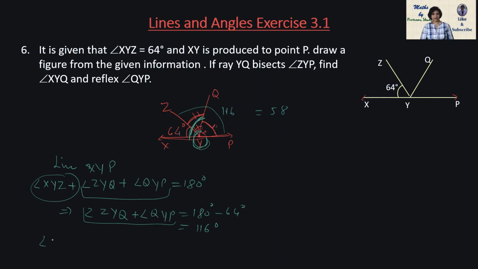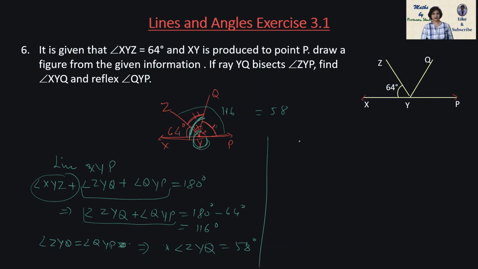Because angle ZYQ equals angle QYP, you divide it into two. So this implies that angle ZYQ equals 58 degrees. Okay, ZYQ is 58 degrees, and now we have to find out this angle.